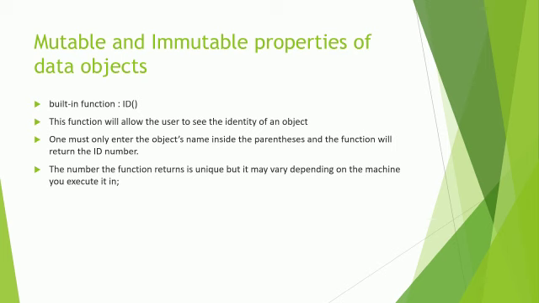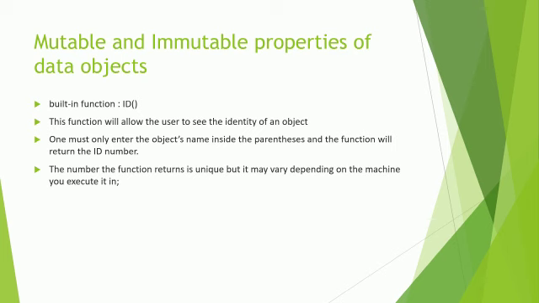This ID can change or cannot change. Mutable is where the ID stays the same even when you make changes to the object. When immutable, the ID changes.